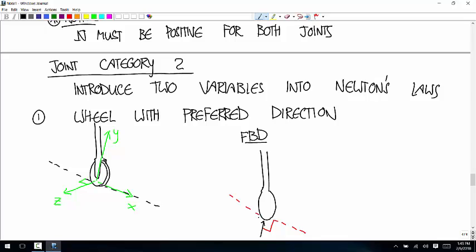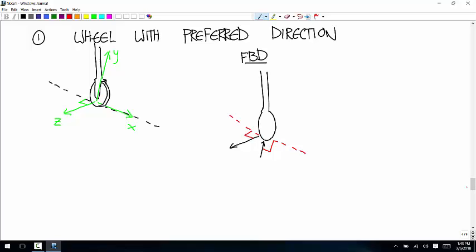And there's also a force vector that way that's perpendicular to the preferred direction in the other plane. And these forces, this would be a friction force. I'll just call that F, and this would be the normal force.